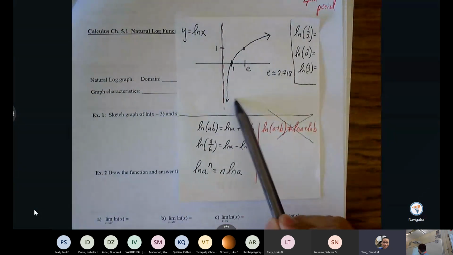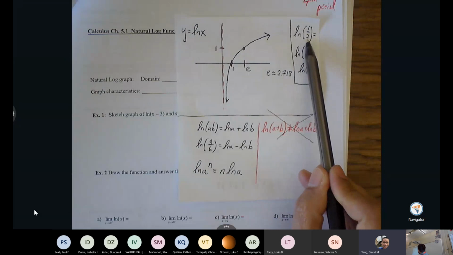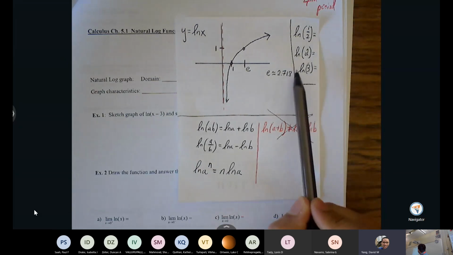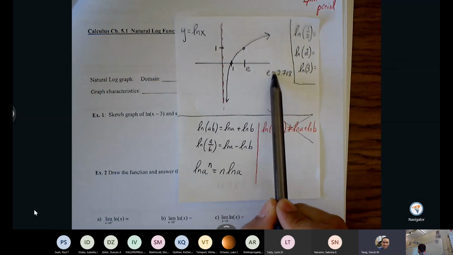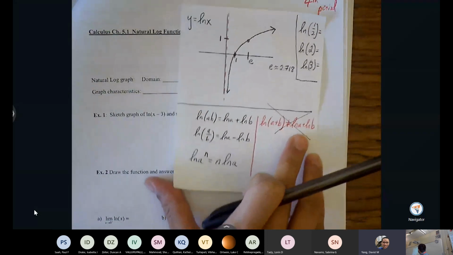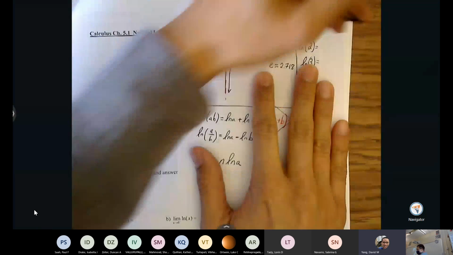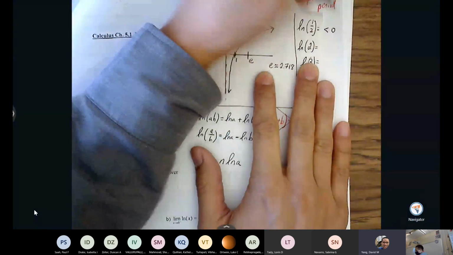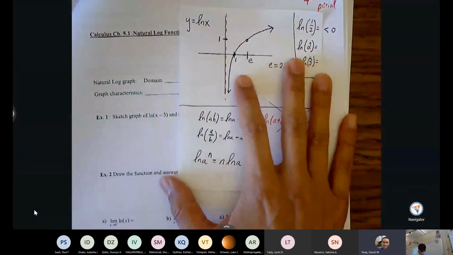So looking at the graph, where is natural log of 1/2 going to land? Maybe we don't know the exact y value, but we know it's what? Negative, right? That's good enough for us to have some ballpark values.